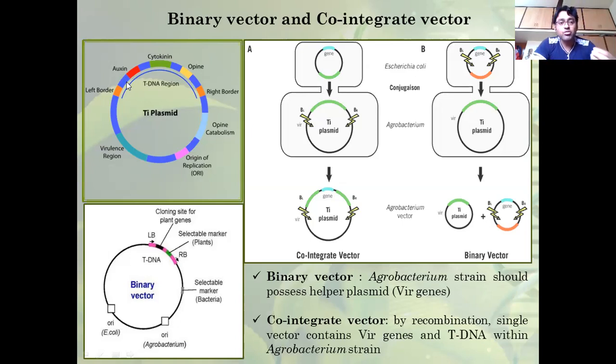Suppose we transform the cloned, recombinant vector into the bacteria; that bacteria harboring the recombinant vector will be selected against some antibiotic selection. So here, how can we identify which plant is transformed or not? On the basis of the selectable marker gene.